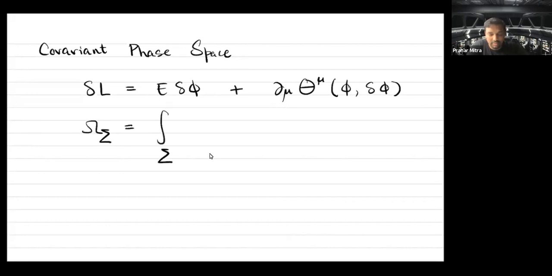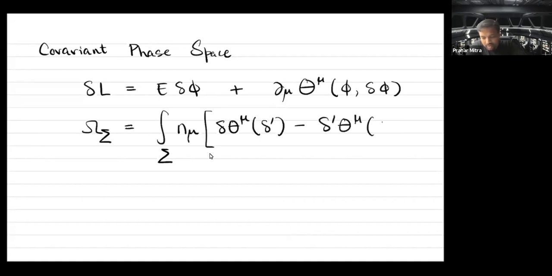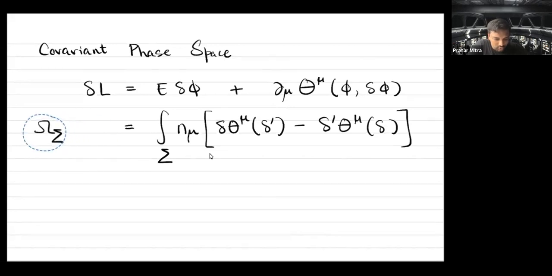You integrate over sigma the normal to this Cauchy slice, and it's defined by delta theta^mu(delta') minus delta' theta^mu(delta). And so this is a function of 2 variations of the field. So you should think of this as a 2-form.